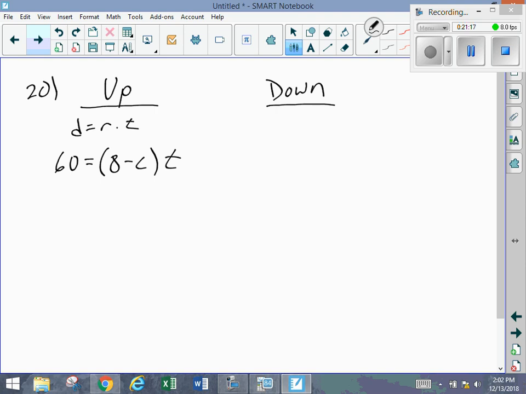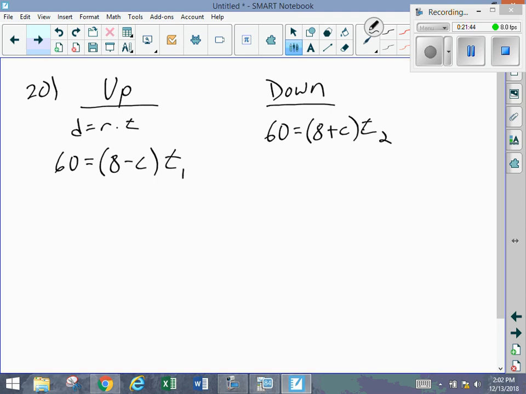And then we know our time when we go up has got to be less than our time when we're going down, right? So let's call that T1 because our times are going to be different. Because we're going to have another one here. When we go downstream, we go 60 miles, but now we've got our normal speed plus the speed of the current. It says the boat goes 8 miles per hour in still water.